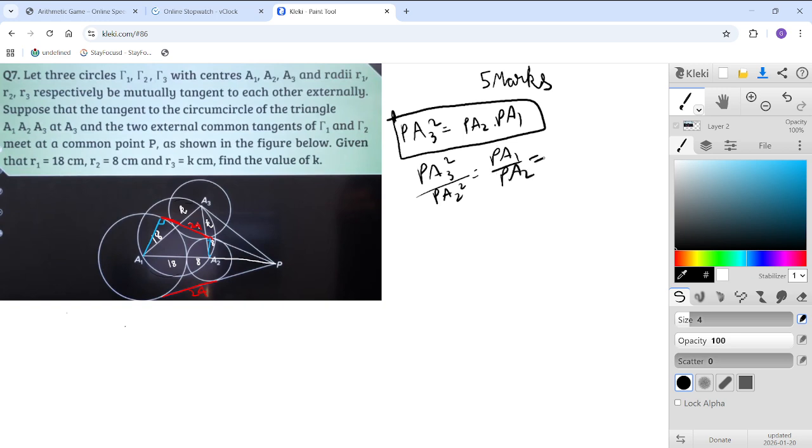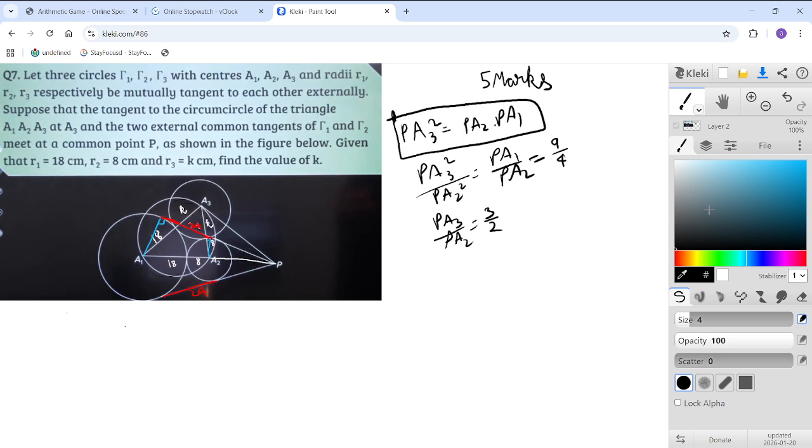We can find PA1 over PA2 in these two triangles by using similarity. So PA1 over PA2 is 18 by 8, which is actually 9 by 4. So PA3 over PA2 is 3 by 2.